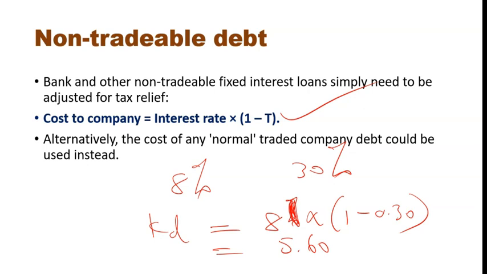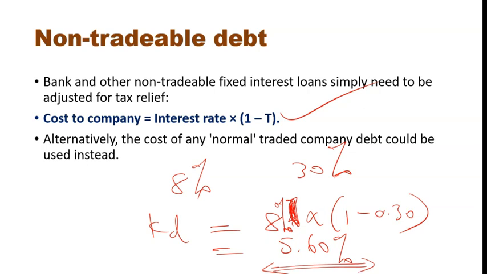This simply means that if the rate of interest is 8%, here we are not looking at monetary amounts, but the cost of capital. So the 8% is going to be multiplied by the tax adjustment, that is 1 minus 30%, and you are going to get 5.6% as the after-tax cost of debt. That's it for the non-tradable debt.